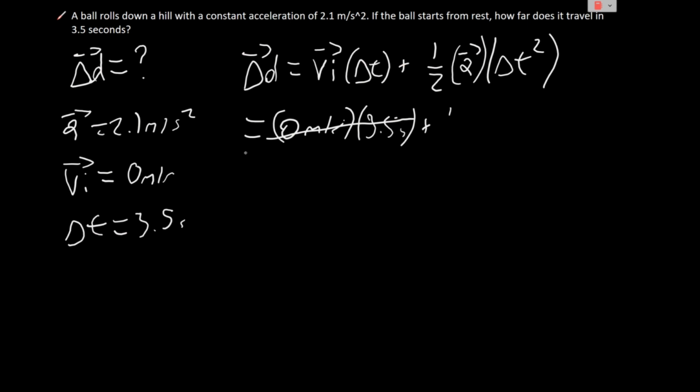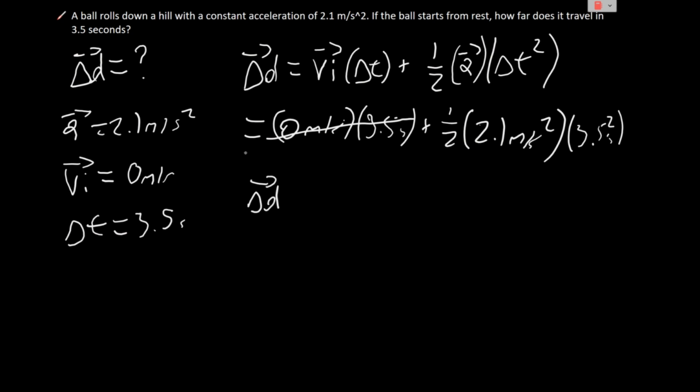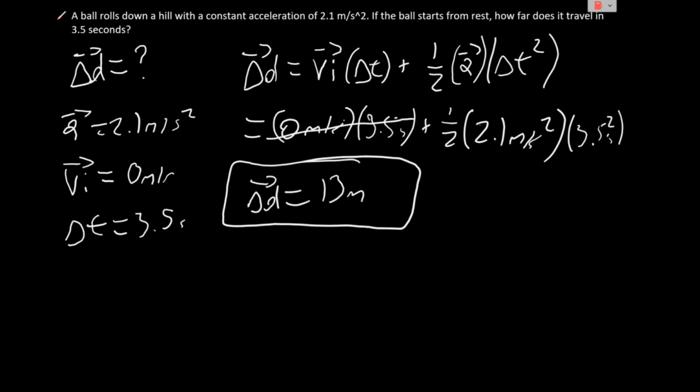This gets canceled out because anything multiplied by 0 is 0. And then 1/2 of 2.1 meters per second squared times 3.5 seconds squared. Rounding to two significant digits, it comes out to be 13 meters.